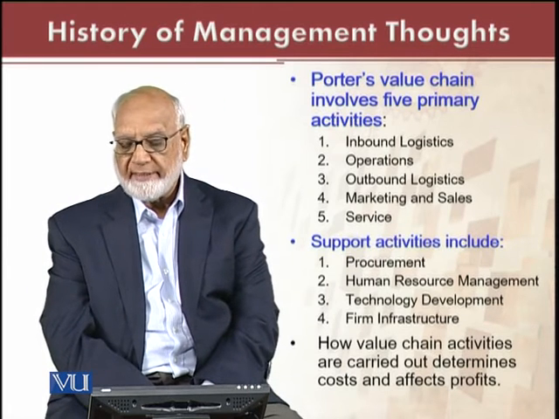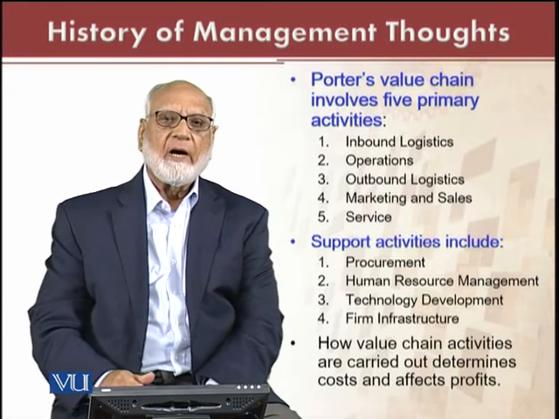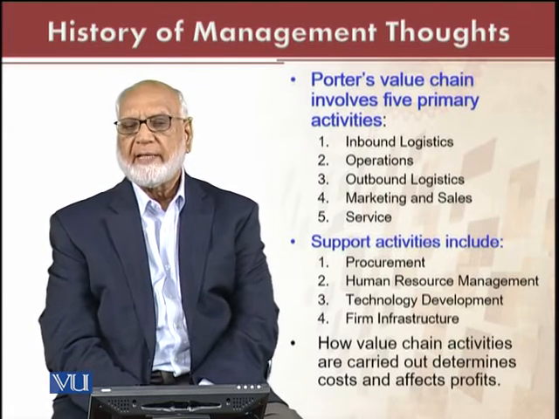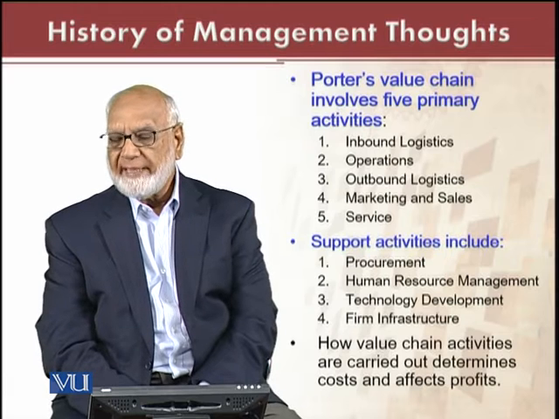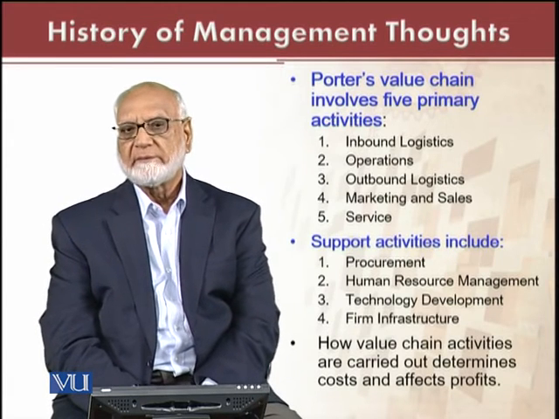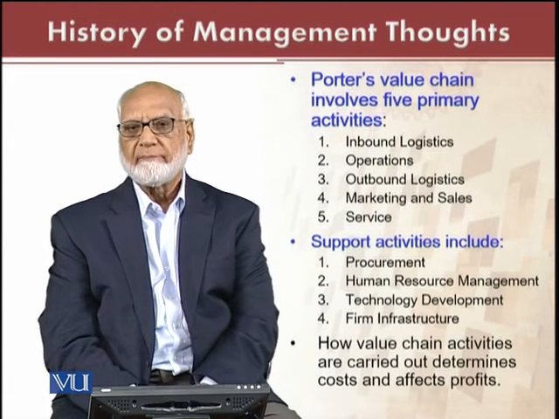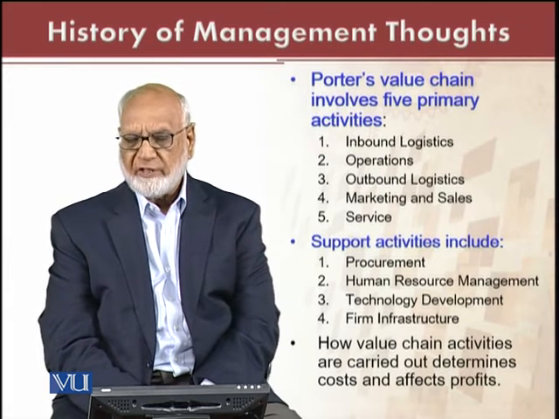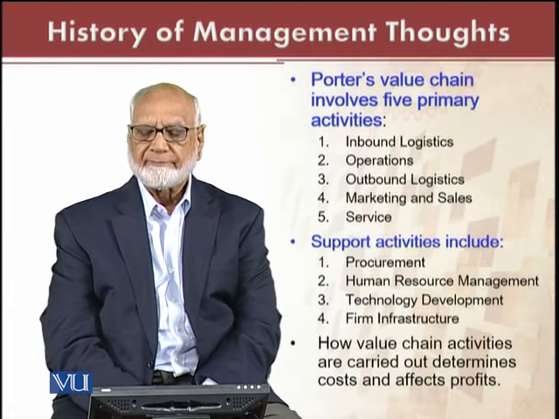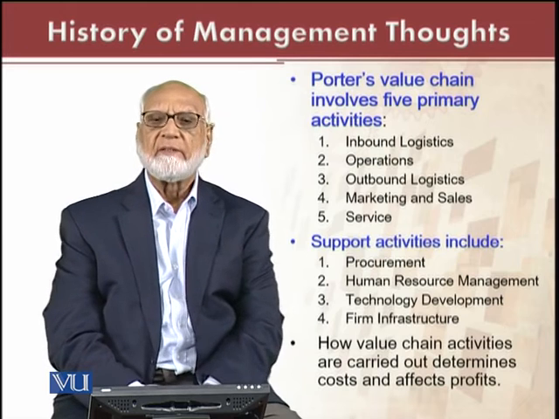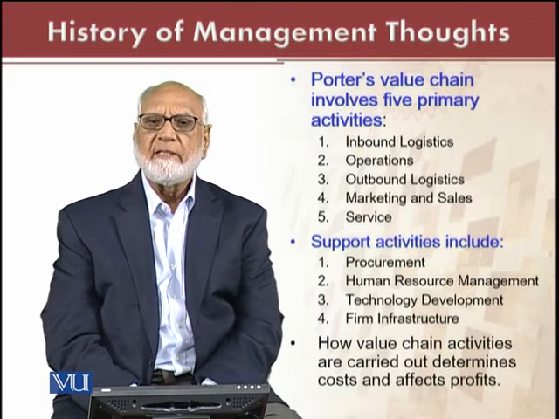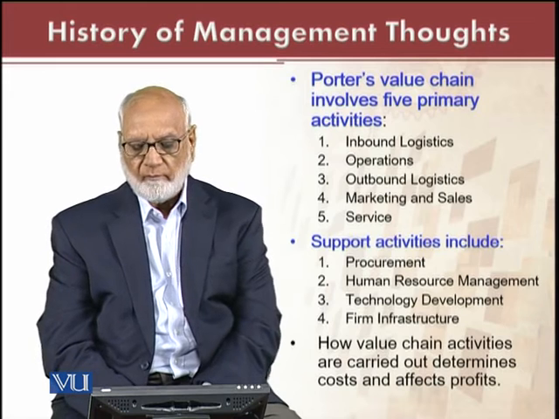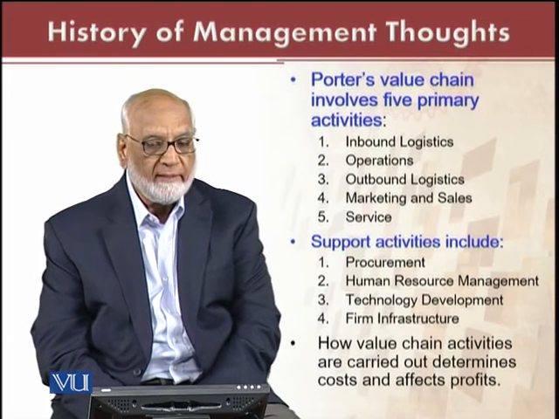And the 4th point is how the marketing and sales team are handling customer complaints, customer feedback, revenue collection, sales forecasting, sales team motivation. And the fifth point is pre-sale, during sale, after sale service. So these are the primary activities.